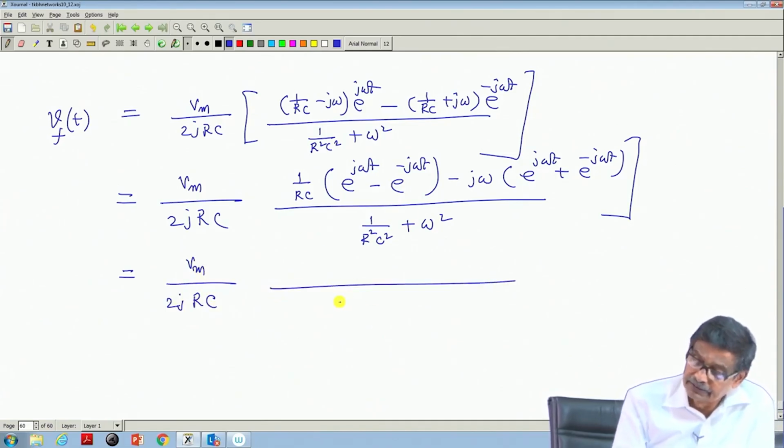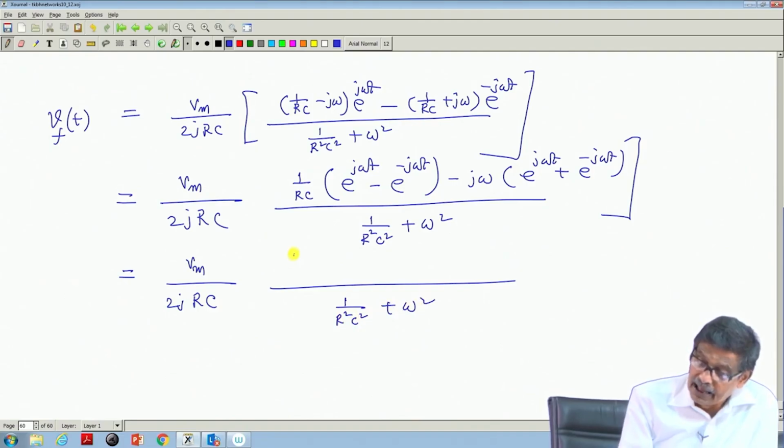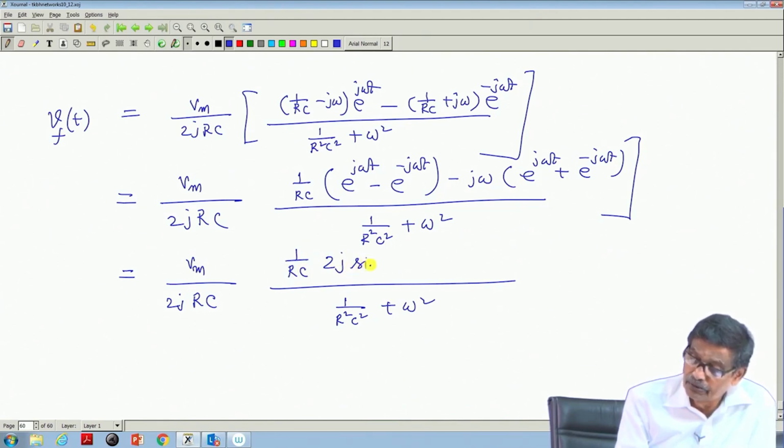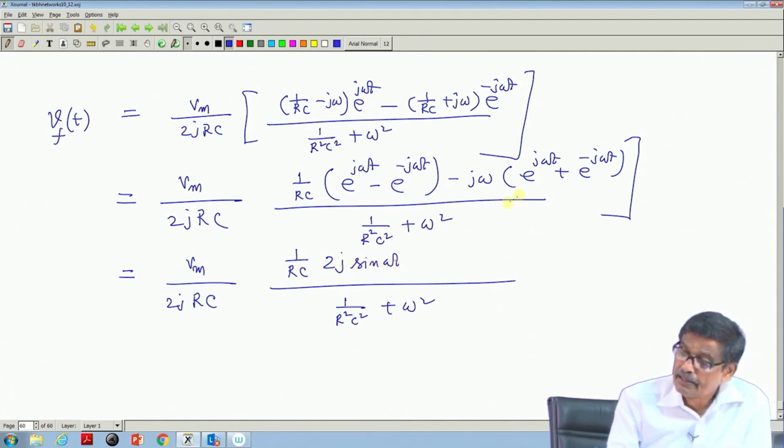So, this is equal to 1 over R square c square plus omega square, below it is there, do not touch that, and here it is 1 over R c, and this thing I have learned, it is equal to 2 j sin omega t, and this thing I learned, it is cos omega t.